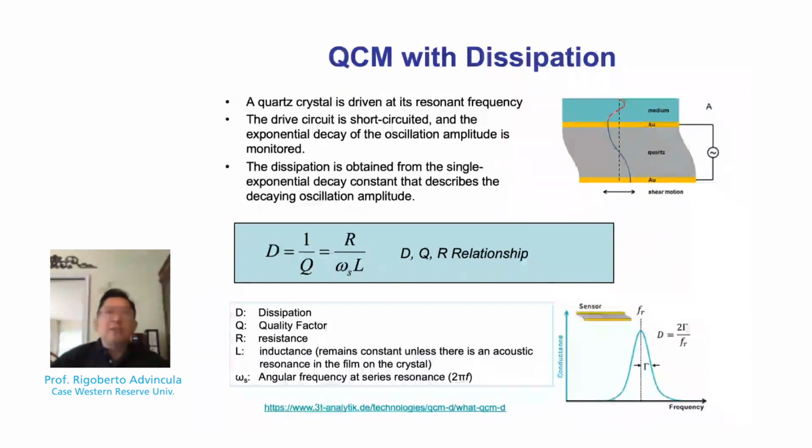So with different media or viscoelastic material, this character changes. And the dissipation can be related to the resistance and the inductance, which remains constant unless there is an acoustic resonance in the film crystal, and the angular frequency at series resonance.